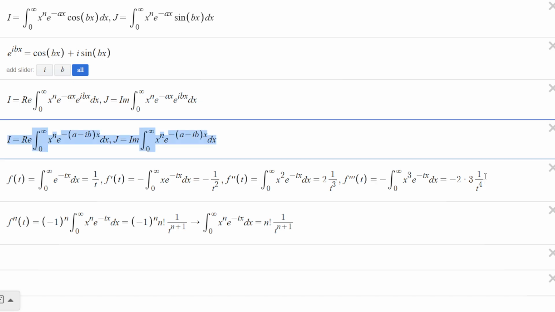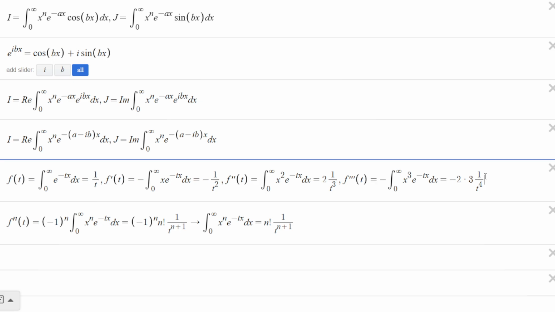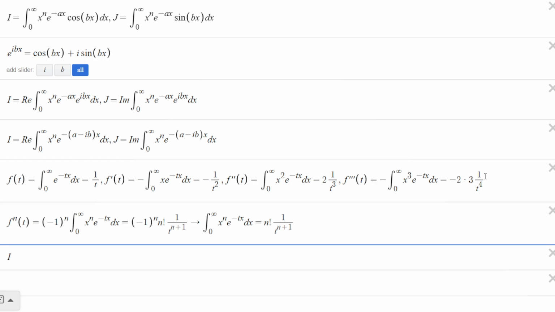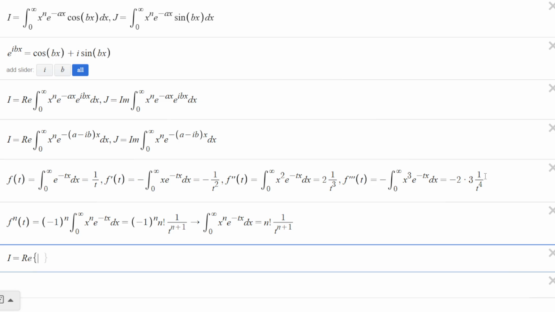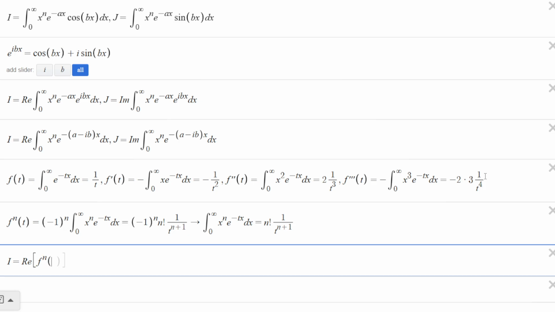Now let's take a look at our integrals right here. We pretty much have this form where our t is a minus ib. All right. So now we can say that our original integral I is equal to the real part of the nth derivative of our function evaluated at a minus bi, right? We can say that. And J is just going to be the imaginary part of that same thing.